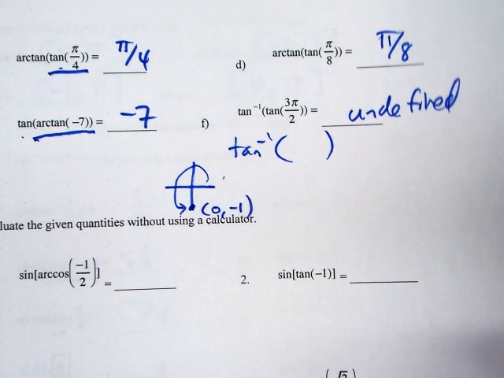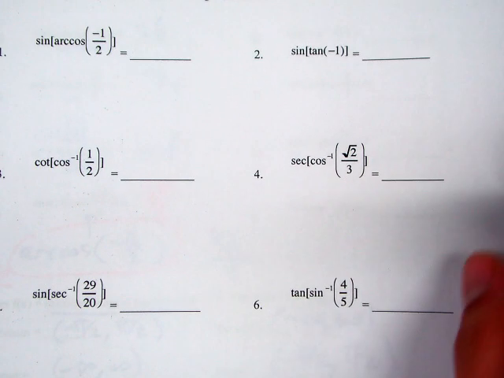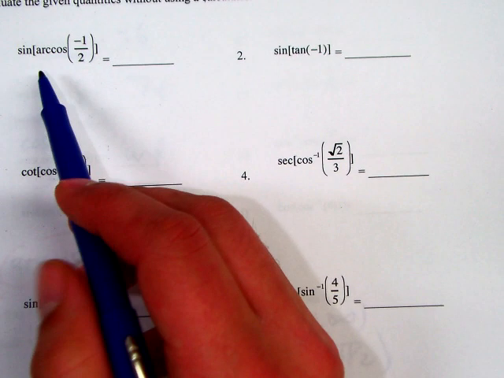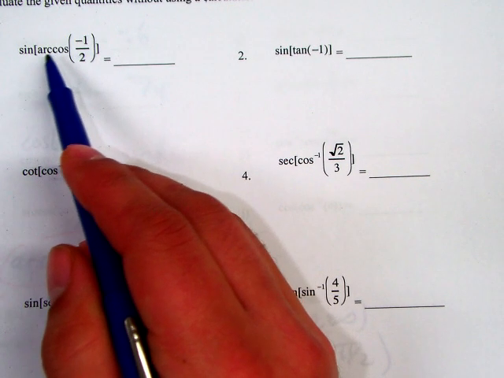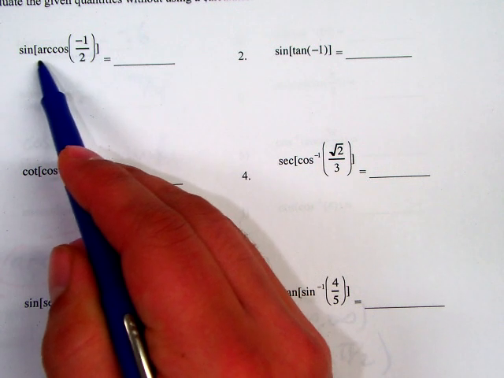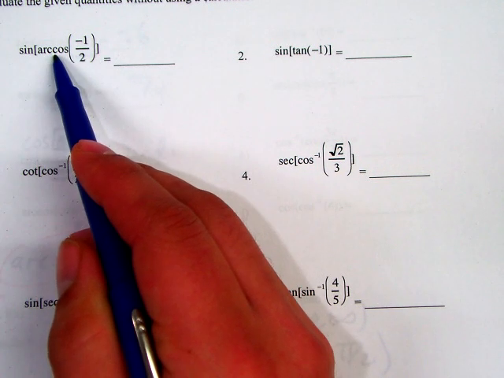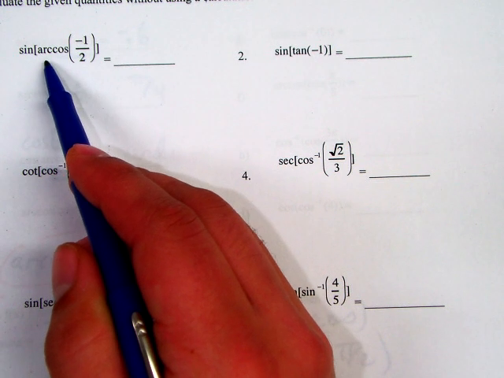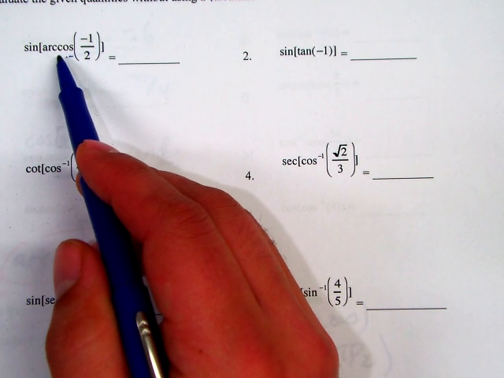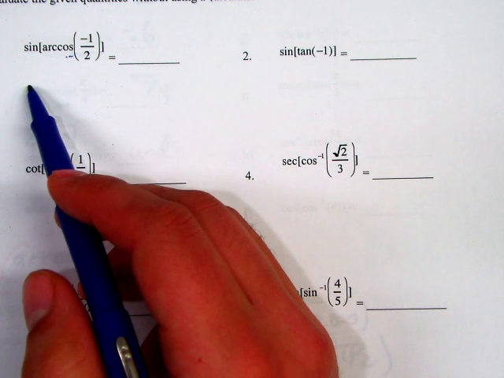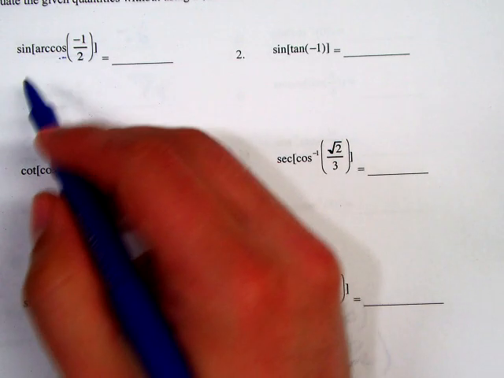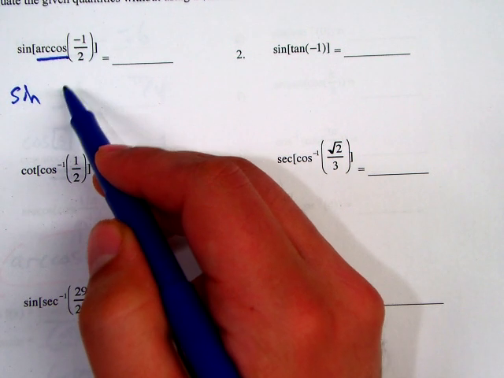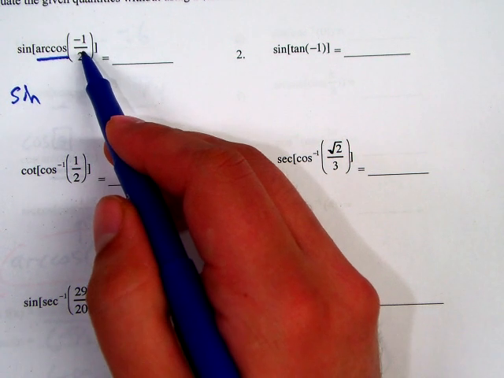Okay, so the last part of this section is these random compositions where we have arc cosine and we're getting excited saying, oh, this is easy, it'll just cancel out. But sine and arc cosine are not opposites of each other, they're not inverses. So for this we have to actually slow down a little bit, maybe even draw a triangle if we have to. Okay, so let's see if we can figure this out. First of all, inverse cosine, the domain is from -1 to 1, so we can figure this out.